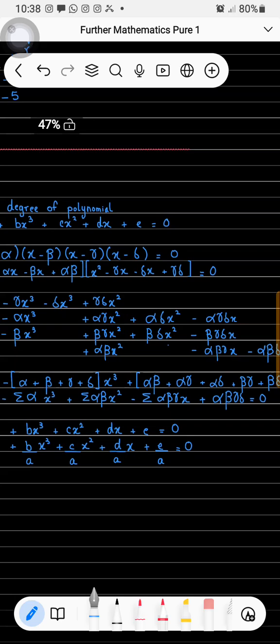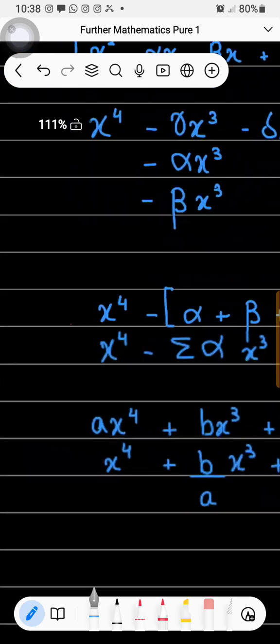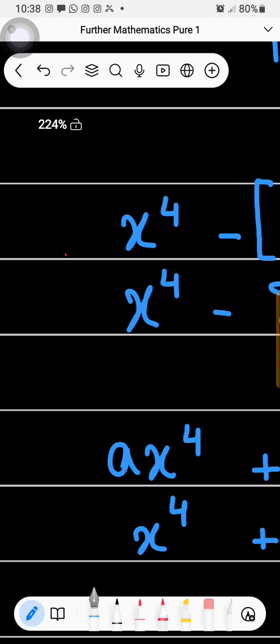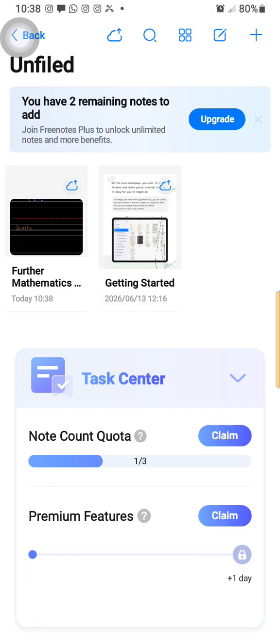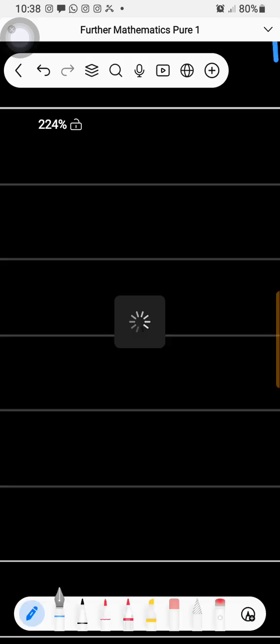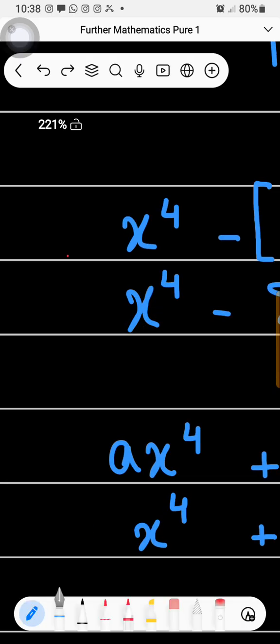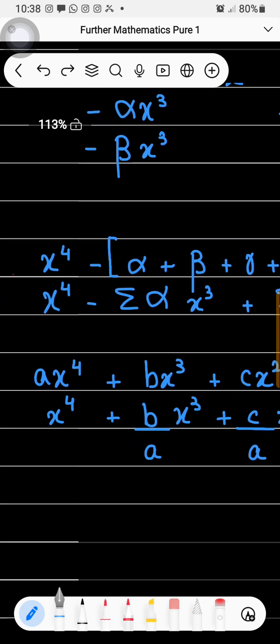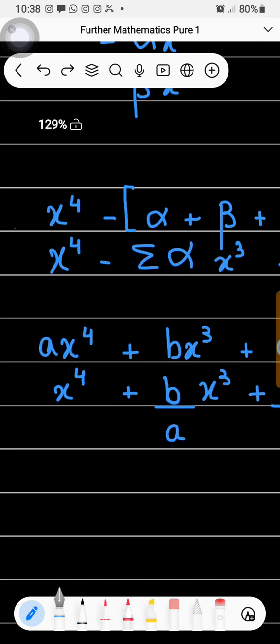Now we have to compare both. First we compare the coefficient of x power 4. Here is 1, here is 1, so we don't need to write anything. We will not get any formula from this. Now we will compare negative sum of alpha x cube with b upon a x cube. The x cube and x cube get cancelled.